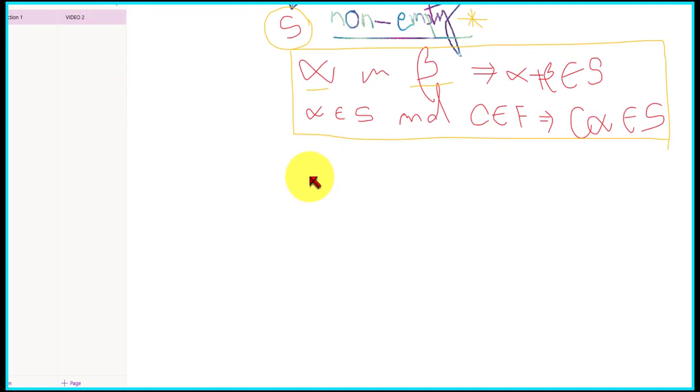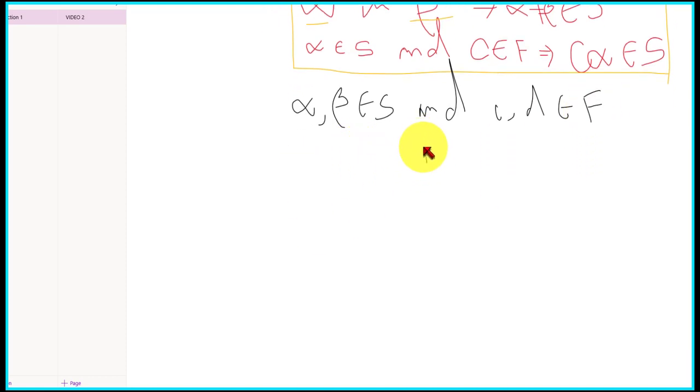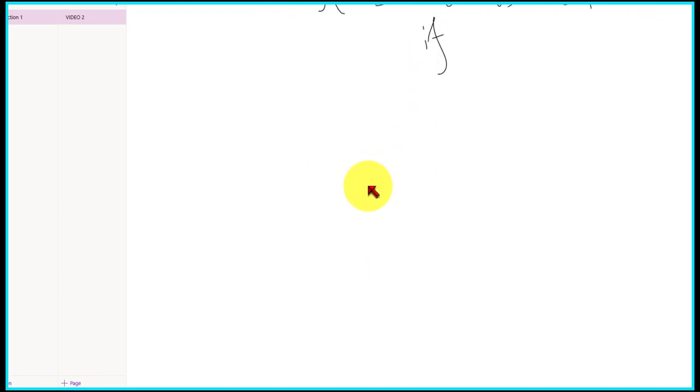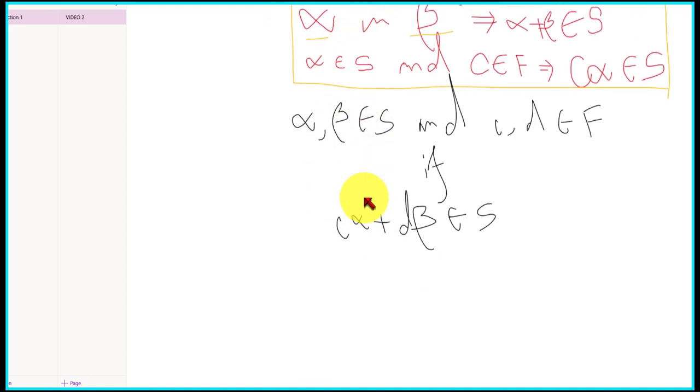Say alpha, beta belong to S and C, D belong to capital F. Then C alpha plus D beta belongs to capital S. So you can say these two conditions can be made into one condition.